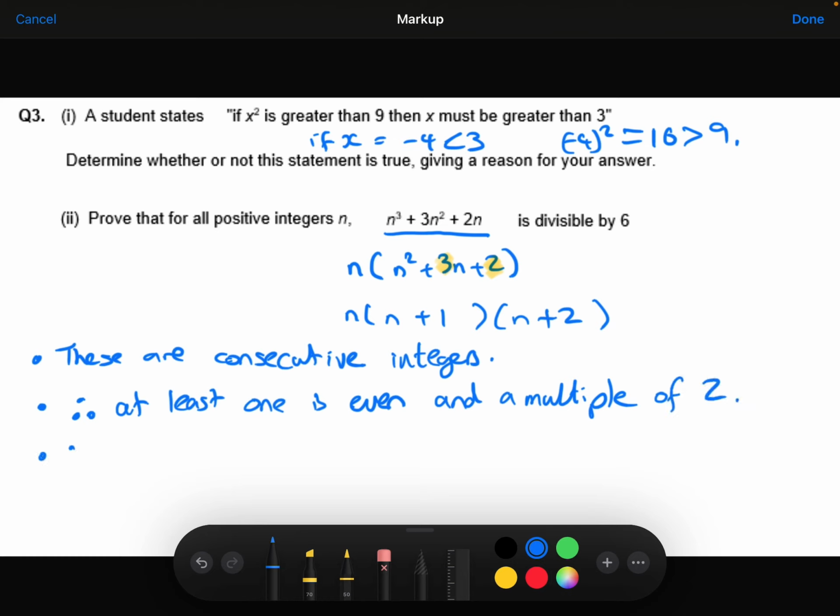Now, the other thing about them being three consecutive integers is that there must be one multiple of 3 in there.